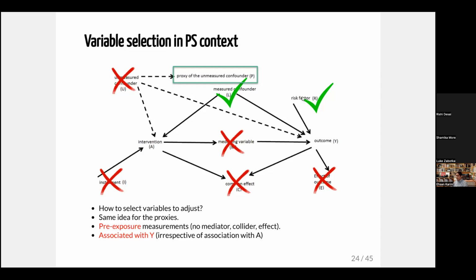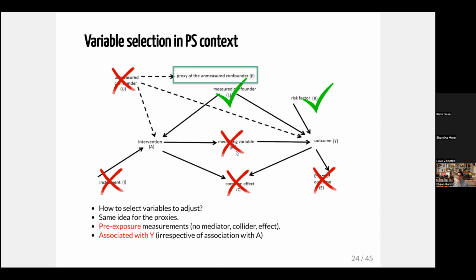It is also a good idea to include the risk factor for the outcome in your propensity score model because it will reduce the variability in your propensity score model. But obviously, it is not a good idea to include the instrumental variable or the variables that are highly associated with the treatment and weakly associated or not associated with the outcome. And those variables will generally induce more variability and sometimes amplify bias as well.